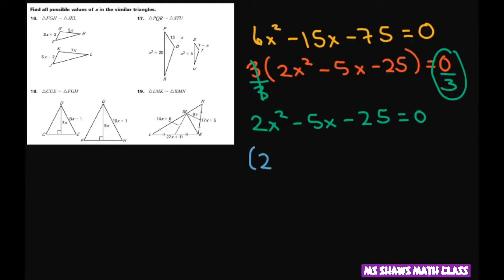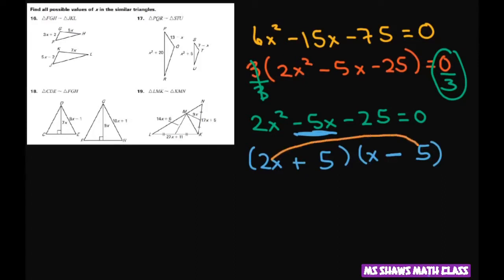So we get 2x and x. And since this number is small, I'm just going to try 5. And I need a negative 5x. So I'm going to make this negative and this positive, and let's check that. This will be negative 10x plus 5x, and that gives me my negative 5x. And again, this equals 0.